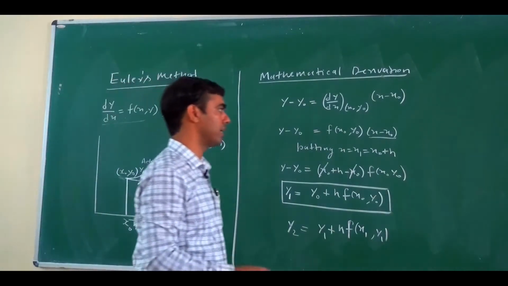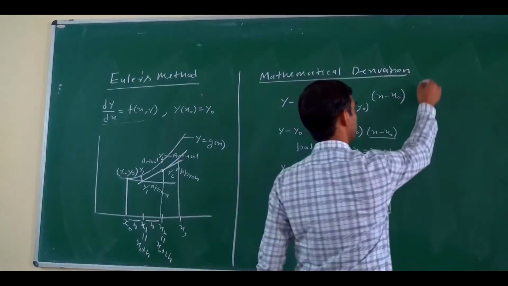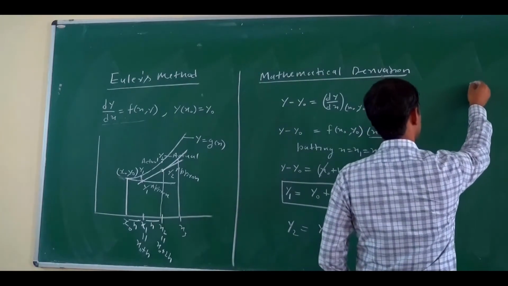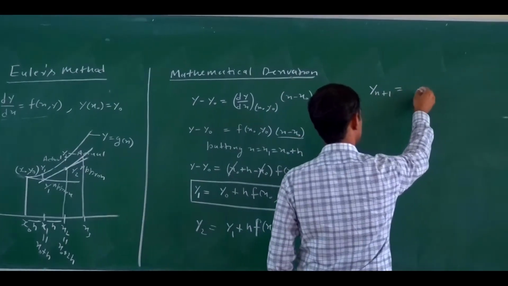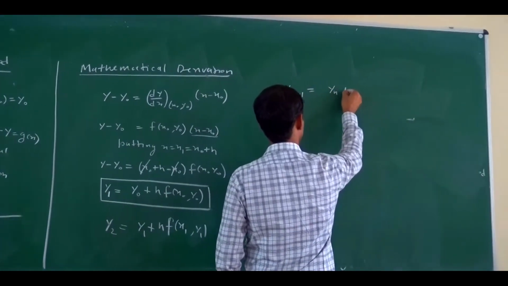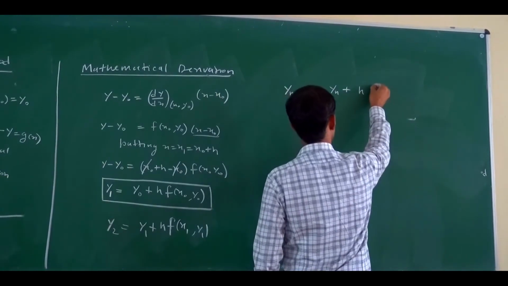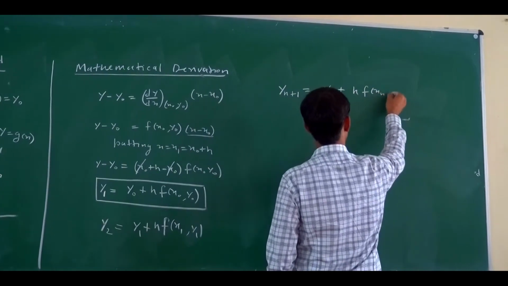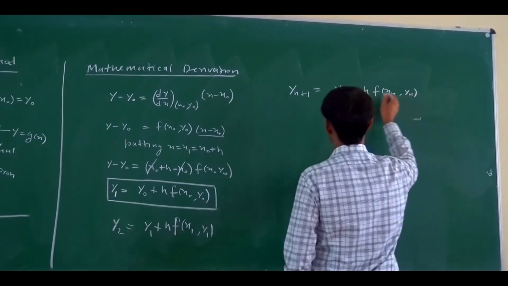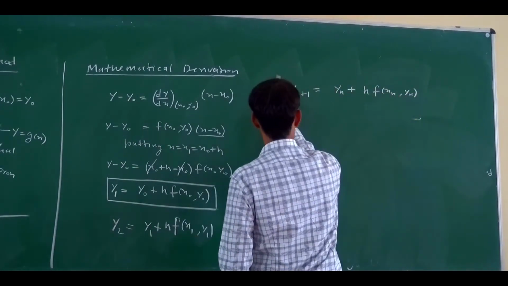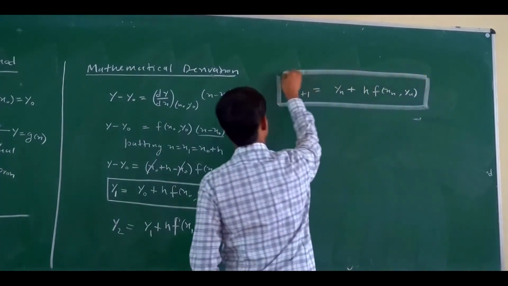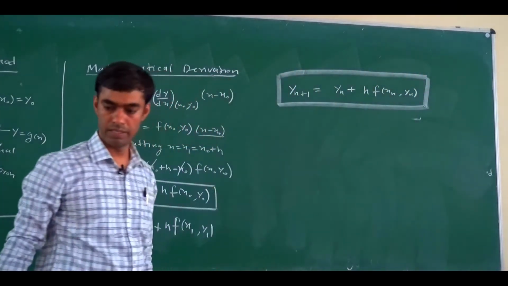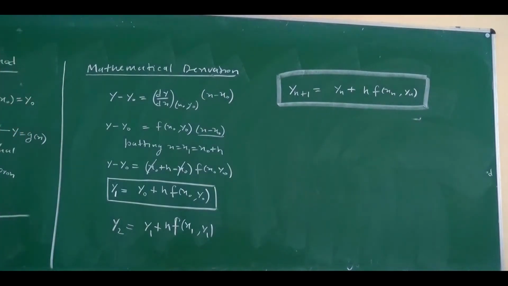In a similar manner, after the (n plus 1)th iteration, what is the value? y(n plus 1) equals yn plus h f of (xn, yn). So this one is the iterative scheme of the Euler method.